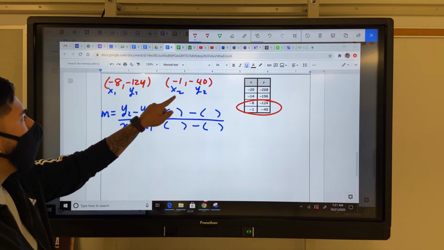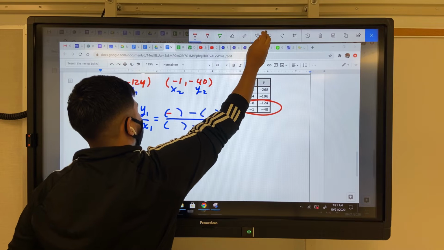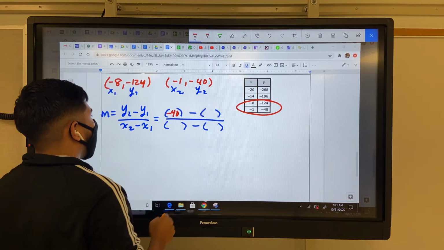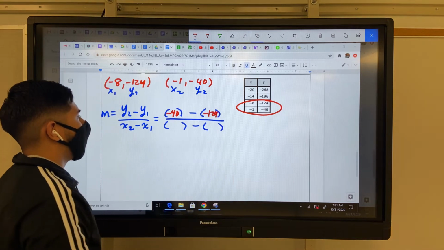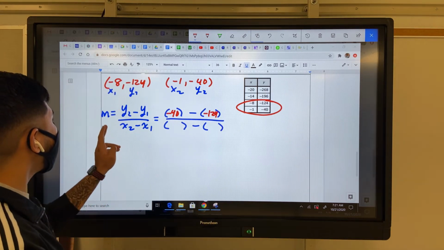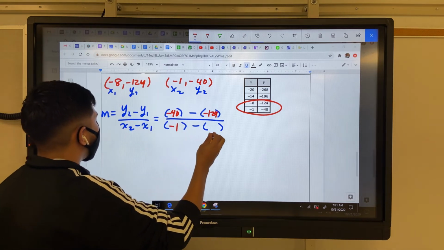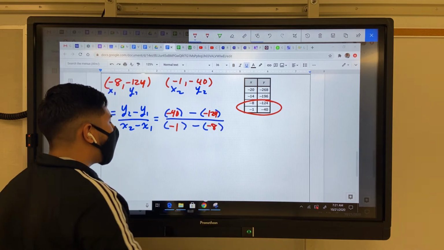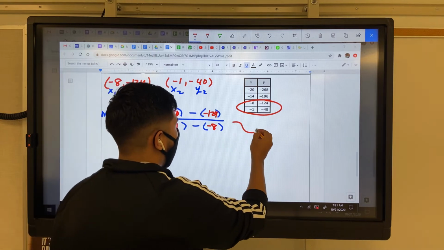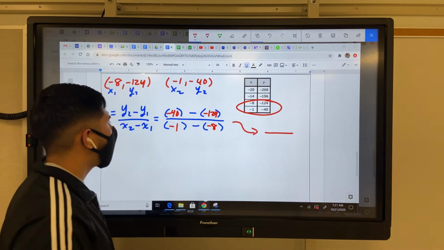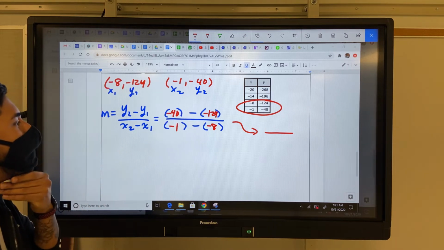Okay, we got y2, which is -40. Y1 is -124. Jesus, it's going to be a nasty number. X2 is -1, and then x1 is -8. Please put this in your calculator. It's going to be a humongous mess if you try doing it by hand. Okay, this is for my slope. -40 minus -124.